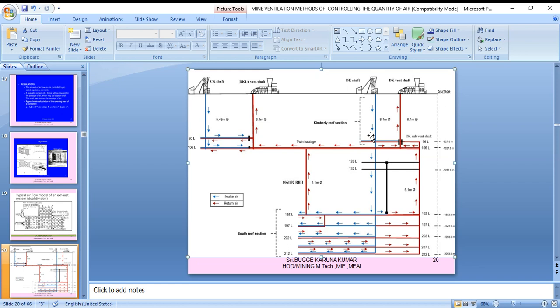So intake air entering almost the most point of the shaft, ventilating the 212 level. Similarly 202 level, 197 level, like this. And also return from the different working places. South reef section, that means it is a metal mine related one. After heating the air, automatically it goes upside. A twin haulage system is there, and from here there will be an exhausting system to the surface.